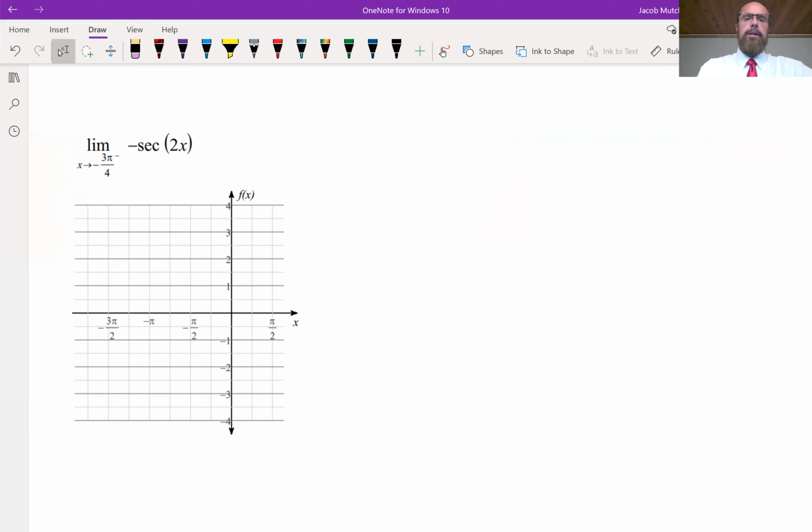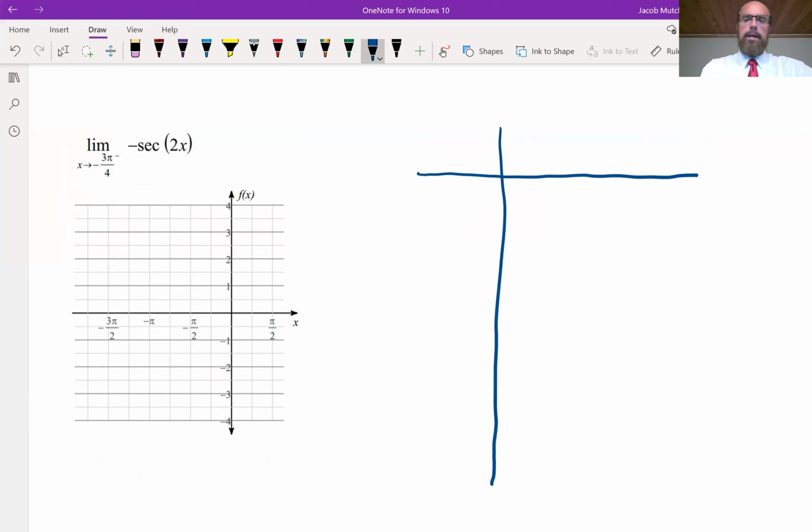So with the trigonometric function, I want to set that table up at the outset. And I'm going to leave some room to do the work there. So I'm going to put x here. And what I'm noticing is that -3 pi over 4 is pretty much in the center of that graph. So I'm going to calculate values around it.